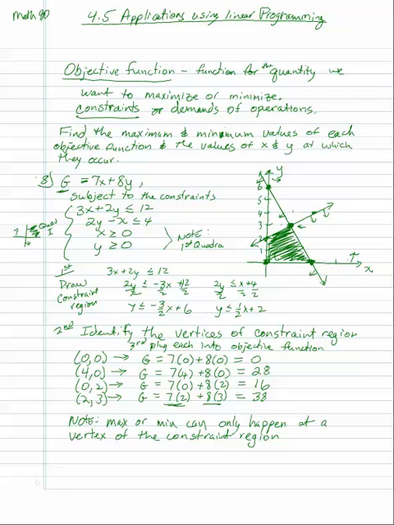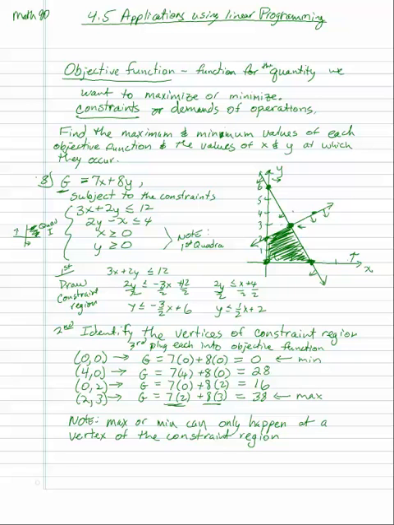Okay, so now, since we know the max and min can only happen at a vertex, that's why you figure out what the vertices are, then you plug them all in, and then you identify that this one is going to be the max, and that one is going to be the min.